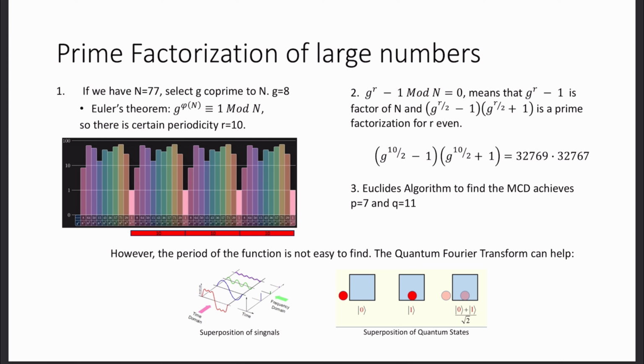What the Fourier transform does is take a given signal that has certain periodicity and see it as a superposition of sine waves, and then it would allow us to get the period of the signal.